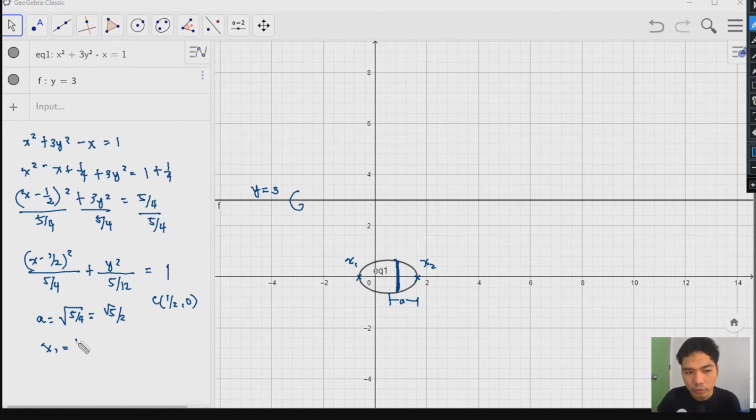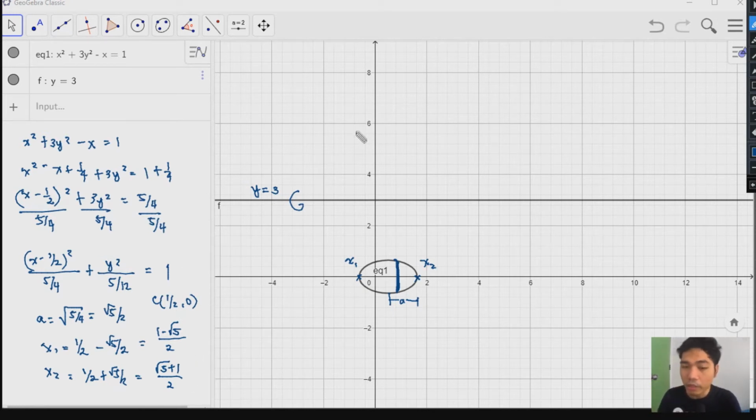So therefore that is 1/2 minus square root of 5 over 2, and the other one is 1/2 plus square root of 5 over 2. So you can write this as 1 minus square root of 5 over 2, and then square root of 5 plus 1 over 2. So these are your two values that we'll be using in this procedure.